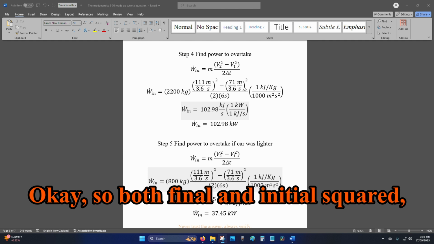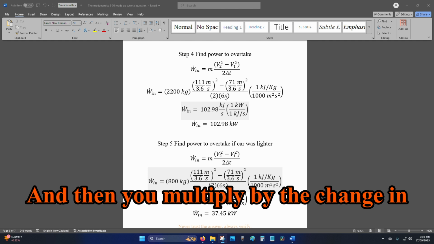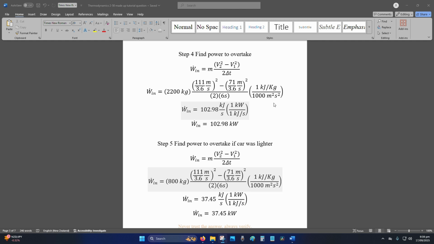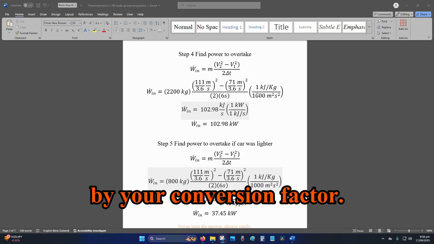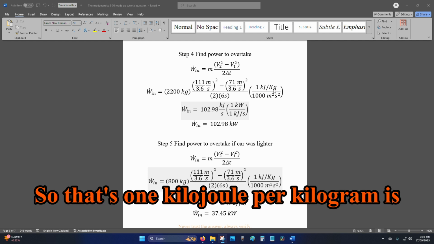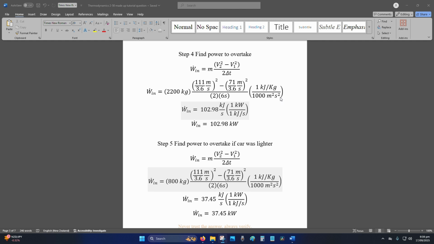Okay, so both final and initial squared, and then divide by 2. And then you multiply by the change in time, which is 6 seconds. Then remember to multiply by your conversion factor. So that's 1 kilojoule per kilogram is 1,000 meters squared per second squared.